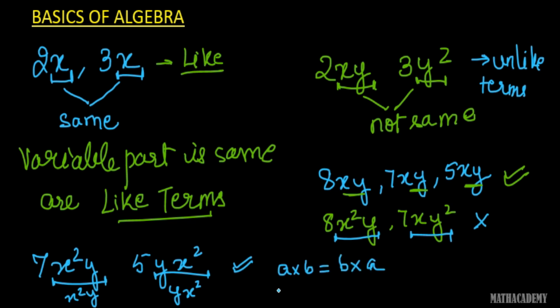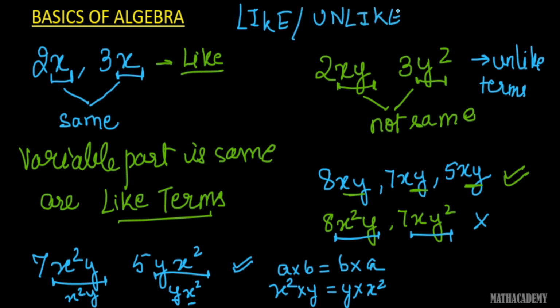Therefore x square into y will be the same as y into x square. We have just changed the order in which we are writing the variables. So 7x square y and 5yx square are both like terms. I hope the concept of like and unlike terms is clear to everyone.